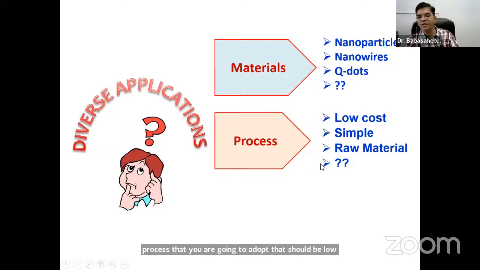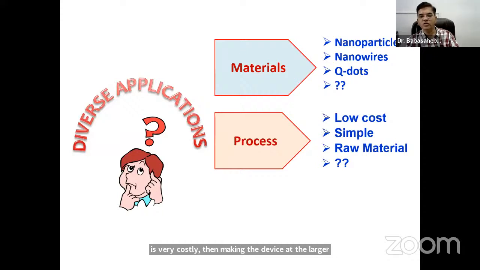And whatever raw material you are going to use, that should be easily available. Because whenever you are thinking about any device, at the end, the device should have a lower cost. If your material or your process is very costly, then making the device at larger scale will be costly.